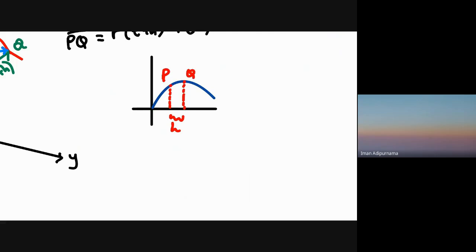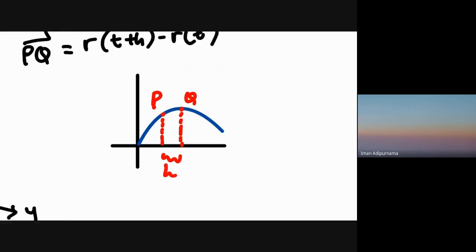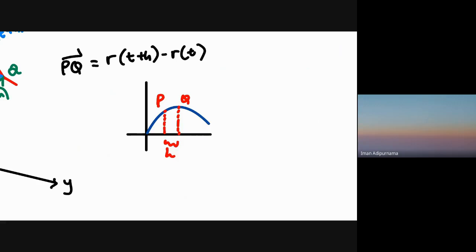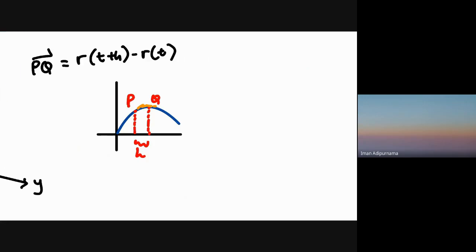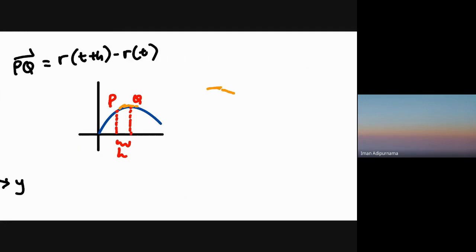So Q is getting closer to P. Let me give you, if this is the gradient here, the gradient is changing, right? So at this P, the gradient is maybe like that, okay?